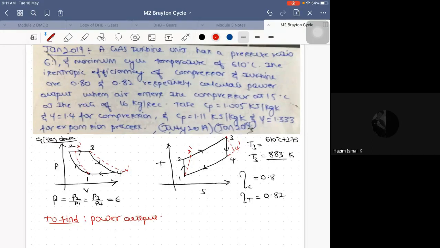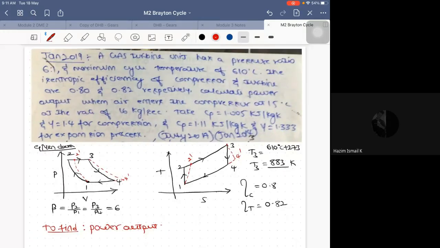He says air enters the compressor at 15 degrees Celsius. That means, should I take it as T1 equals 15 or T2 equals 15? He's talking about entering the compressor, so T1.